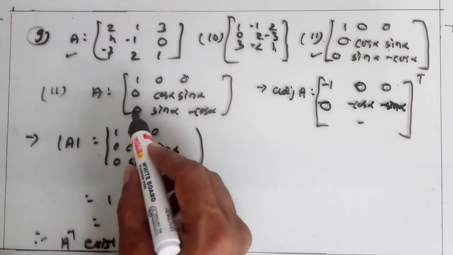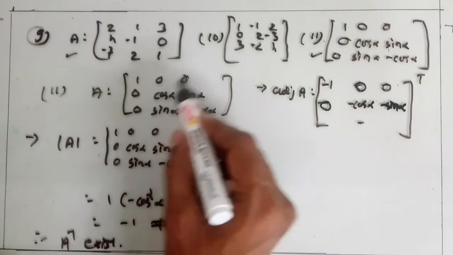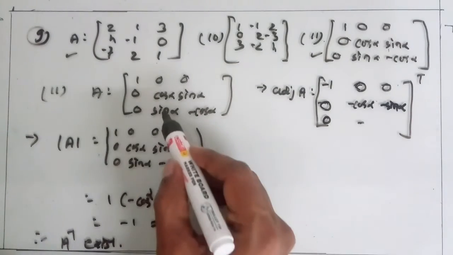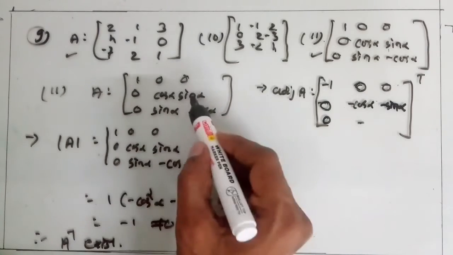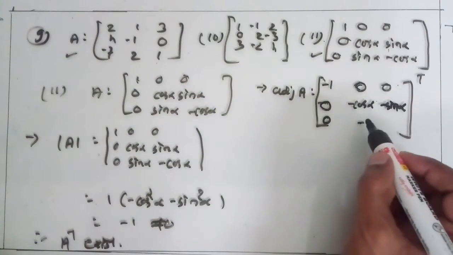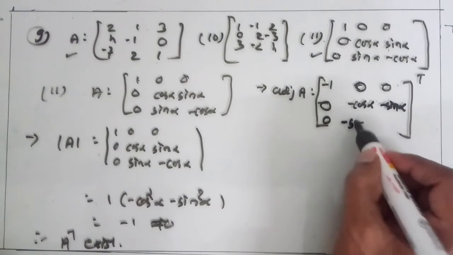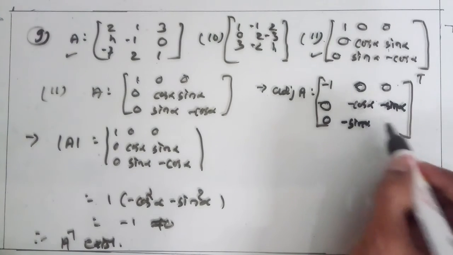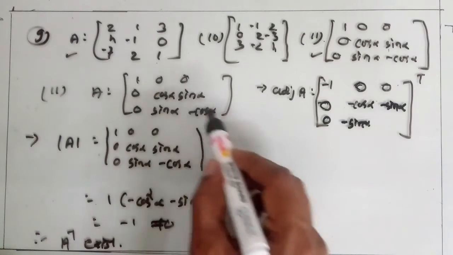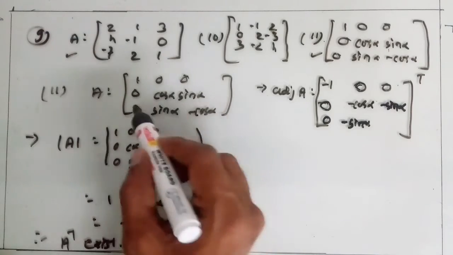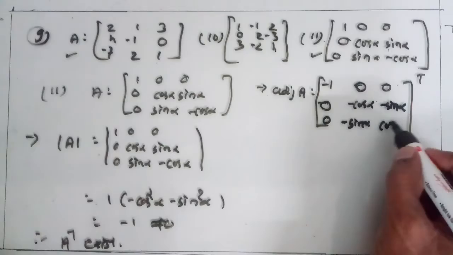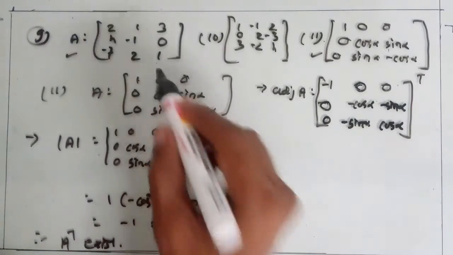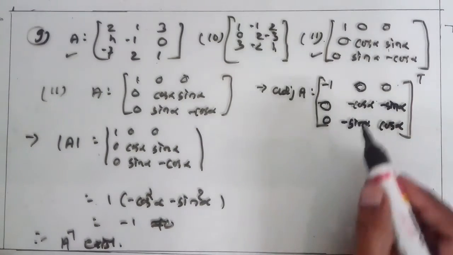Similarly for 0, minor is 0 into 0, 0 into 0, it becomes 0. For sin alpha, remove this row and column, product of these two is sin alpha, so apply minus, sin alpha minus. Similarly for this, remove this row and column, 1 into cos alpha becomes cos alpha, and the second entry is 0.